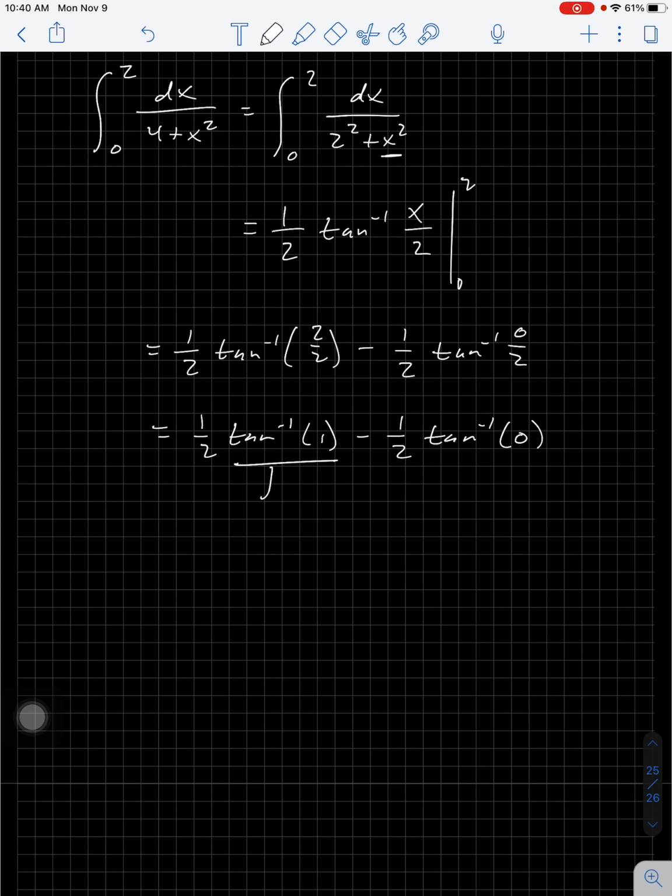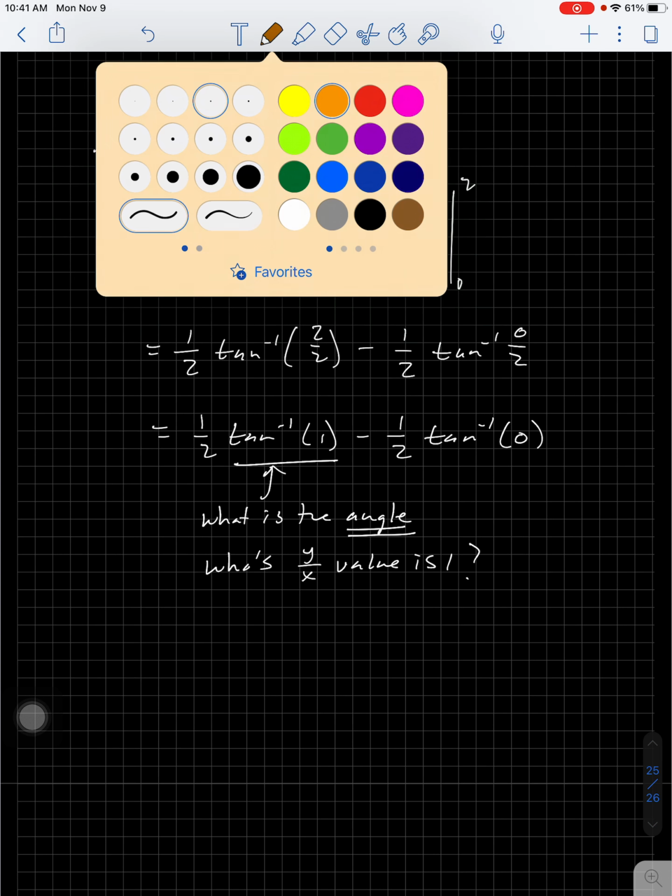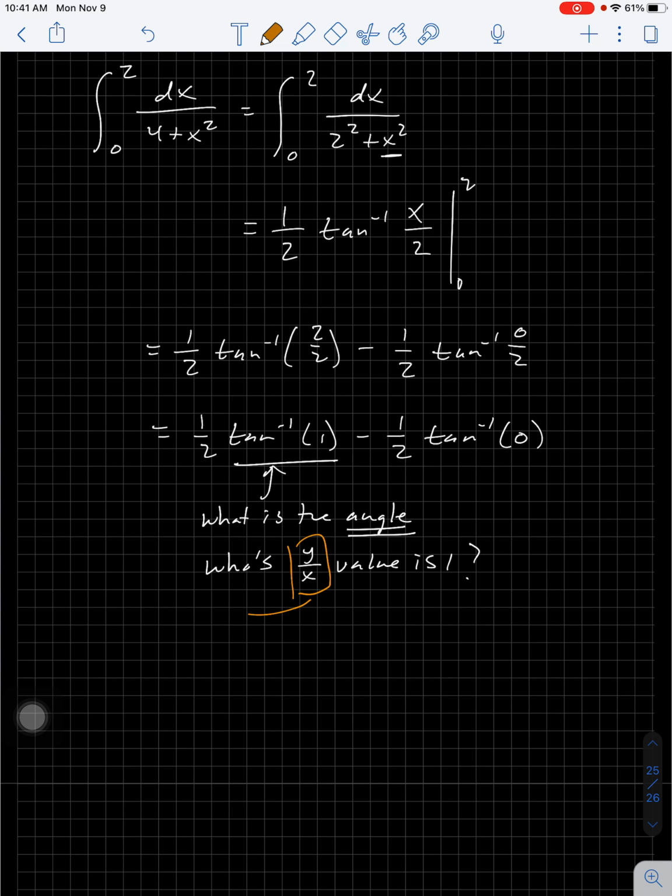When you have an inverse trig function, any inverse trig function, what it's asking for is the angle. It's looking for an angle whose y over x value is 1. That's what this question asks. It's y over x because it's the tangent.